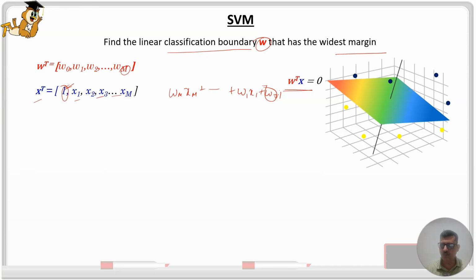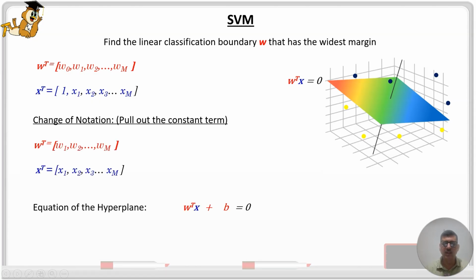We've done this, we've used this extensively. For the purpose of SVM, we are going to engage in a minor change of notation. This change of notation is purely for the purpose of convenience in the derivation of the SVM that is going to follow. So purely for reasons of convenience, we are going to engage in a slight change of notation.